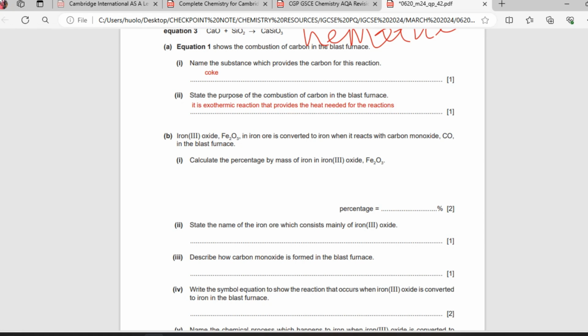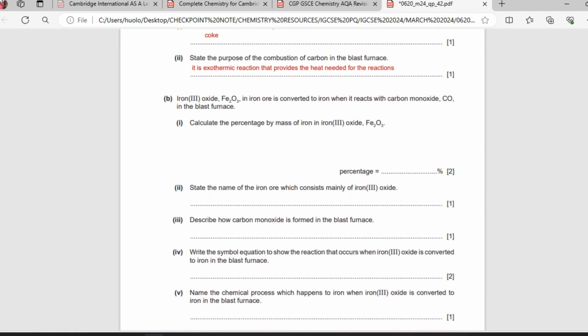Iron 3 oxide, we see the formula, in iron ore is converted to iron when it reacts with carbon monoxide. Okay, so carbon monoxide is the reducing agent in this process. Now calculate the percentage by mass of iron.